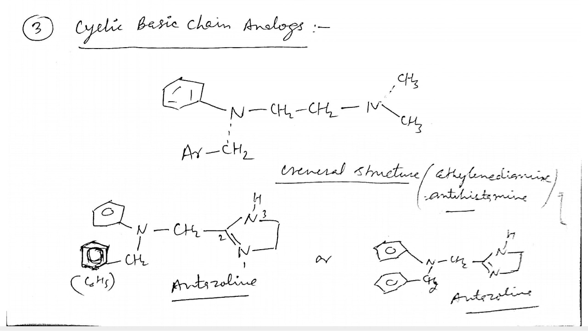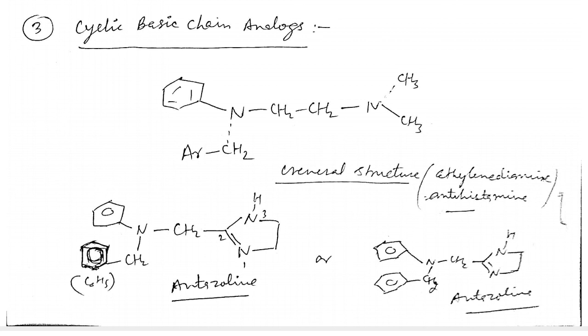Today we are again discussing our topic antihistaminic drug. As we have classified them, we have discussed their introductory section in the previous videos, and we have discussed the chemistry of ethylene diamine derivatives and monoamino alkyl ether derivatives.